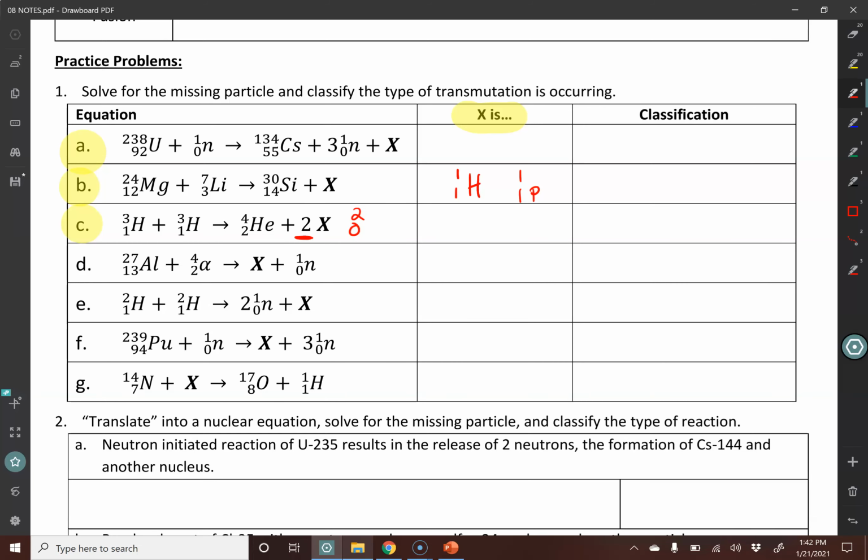I'm going to take my mass number and my number of protons divided by 2 to get the values that I need for the particle. And we talked about this one just a couple minutes ago. No charge, mass of 1, that's a neutron. Pause the video, try question A, being very careful that you have a coefficient hidden away in there.